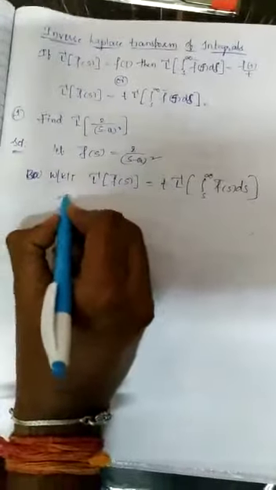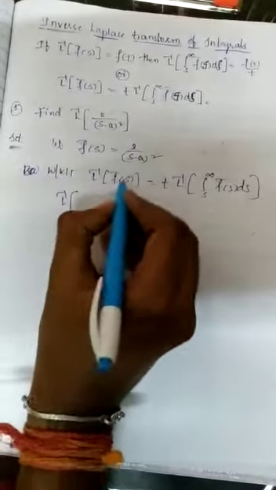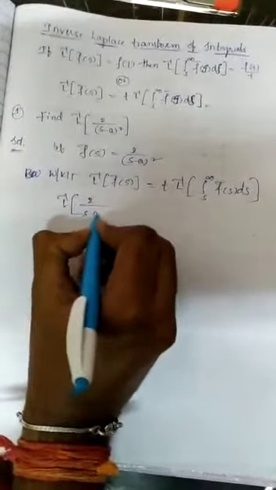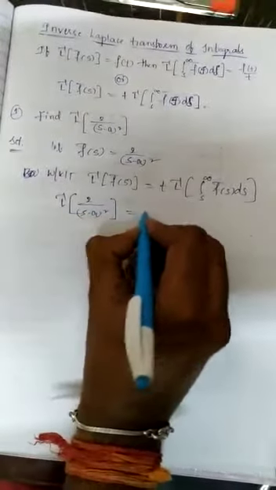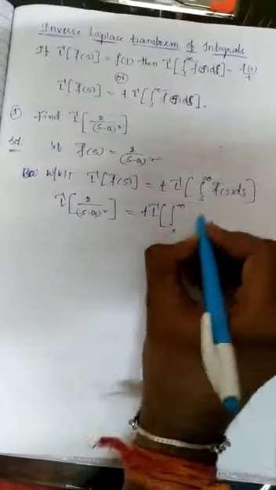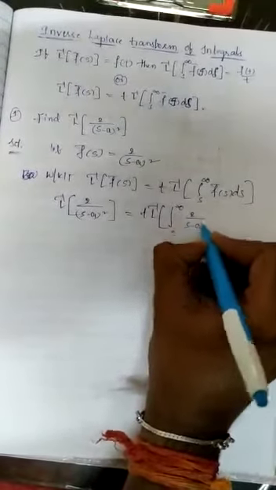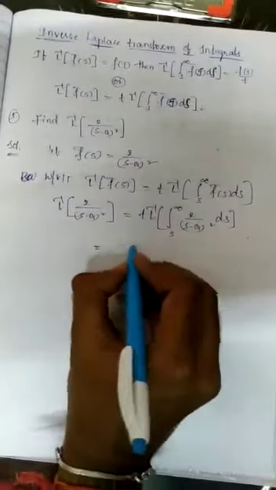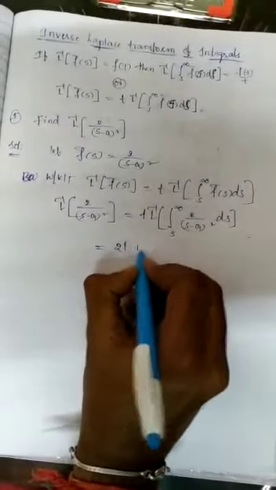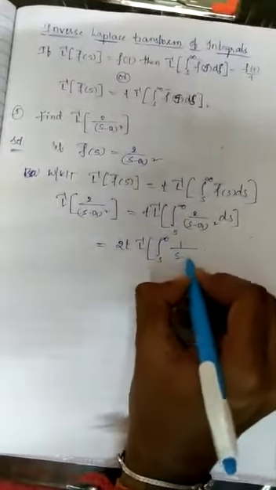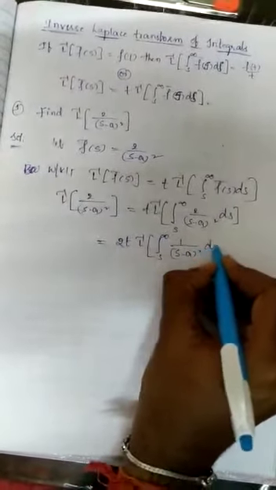So Laplace inverse of f bar of s, which is 2 by (s minus a) whole square, equals t into Laplace inverse of integral from s to infinity of 2 by (s minus a) whole square ds. Here 2 is a constant, so write it outside: 2 into t Laplace inverse of integral from s to infinity of 1 by (s minus a) whole square ds.